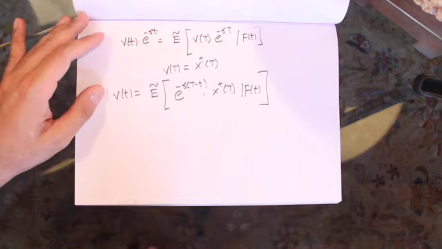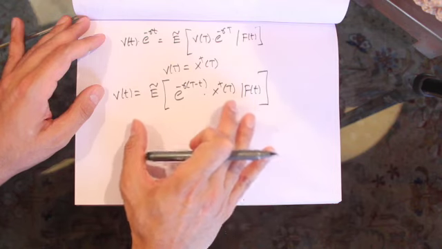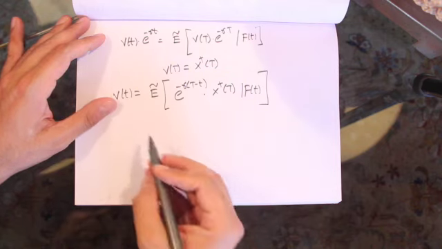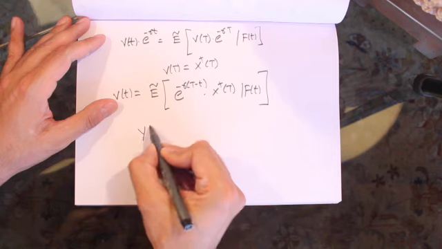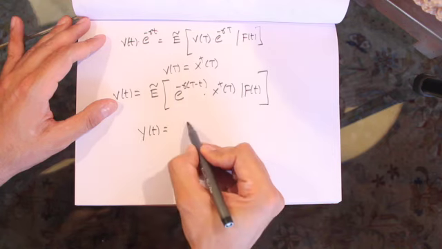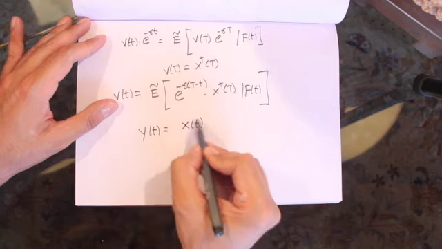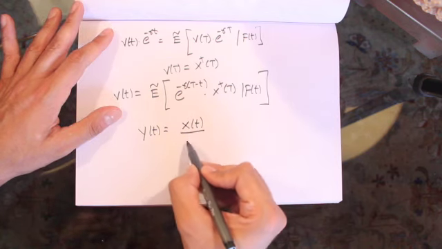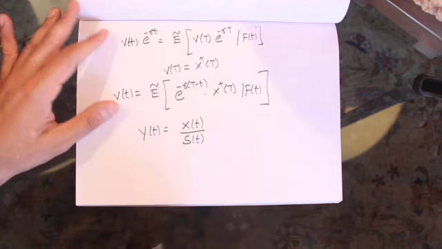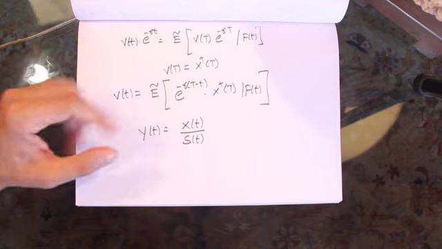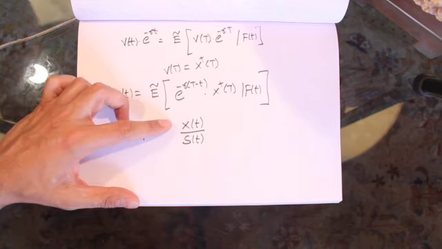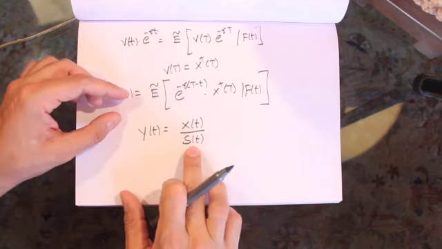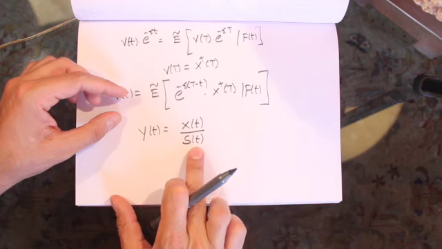Okay? So now in order to calculate the right-hand side, I'm going to define Y of small t equals X of small t, which is the value of the portfolio at time t, divided by S of t. So Y of t, in other words, gives us the value of the portfolio in units of the risky asset.